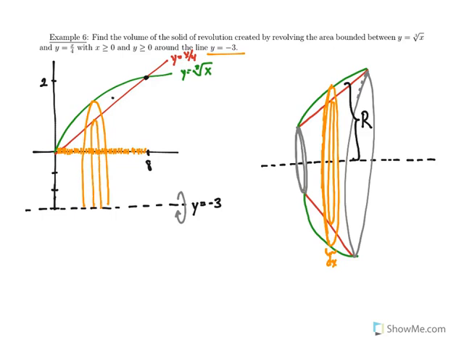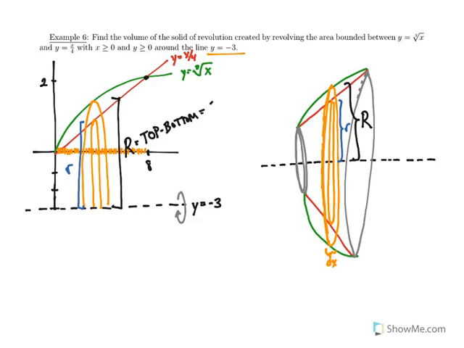The big radius corresponds to that distance, and the small radius corresponds to that distance, up to the red line. So this radius is going to be top minus bottom, like we did in the last section.